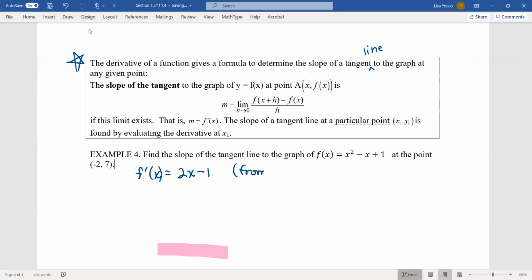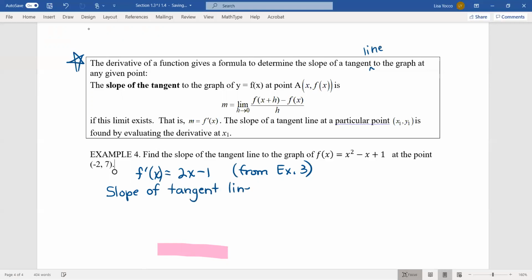That was from example 3. And to find the slope of the tangent line to the graph at the point -2, 7, we simply substitute x equals -2.